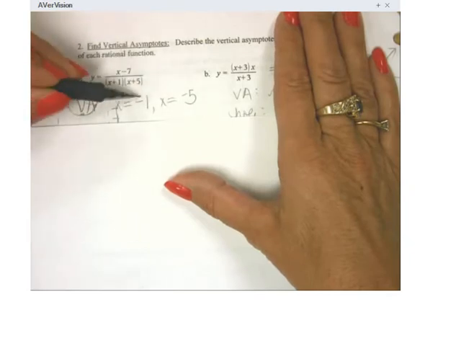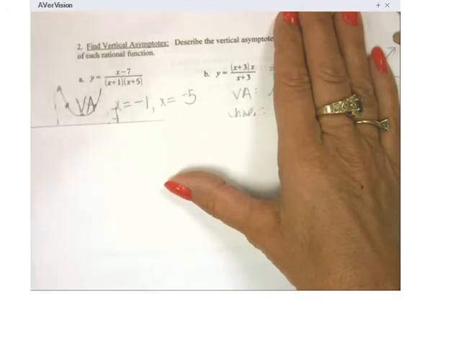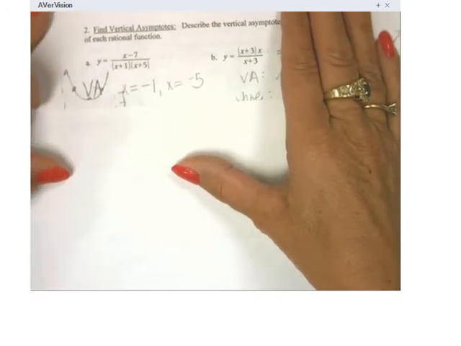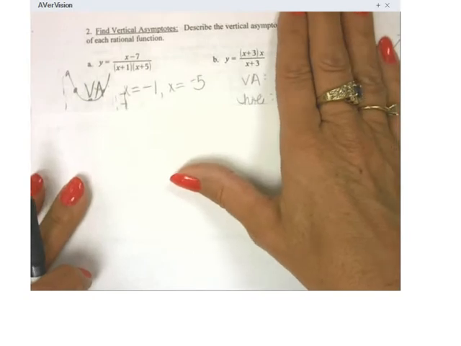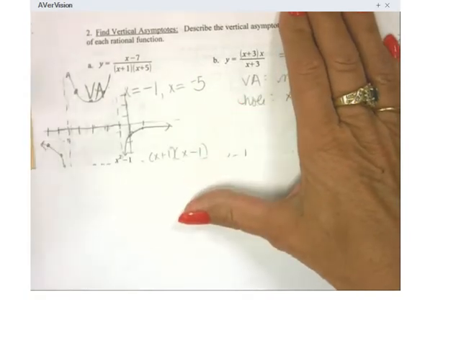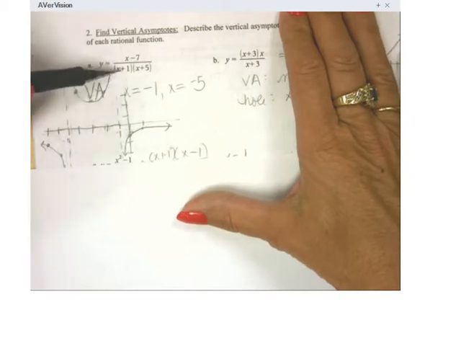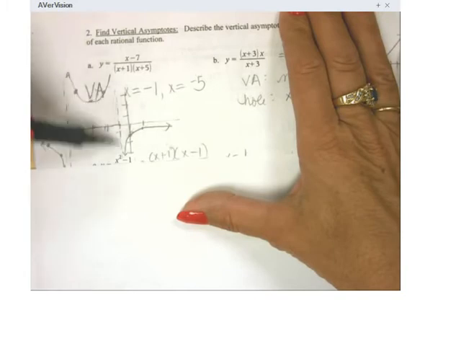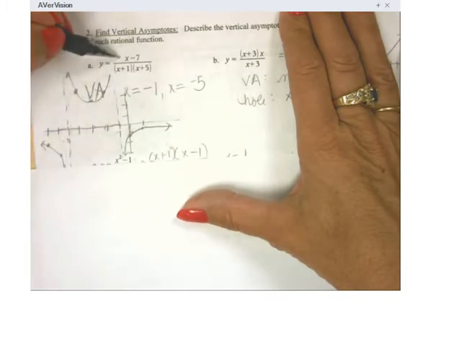Those are points of discontinuity. Now, they are specifically going to be vertical asymptotes. So I have a vertical asymptote at x equals negative 1 and at x equals negative 5, because negative 1 and negative 5 do not make the numerator turn to 0 as well. So we're going to have vertical asymptotes.